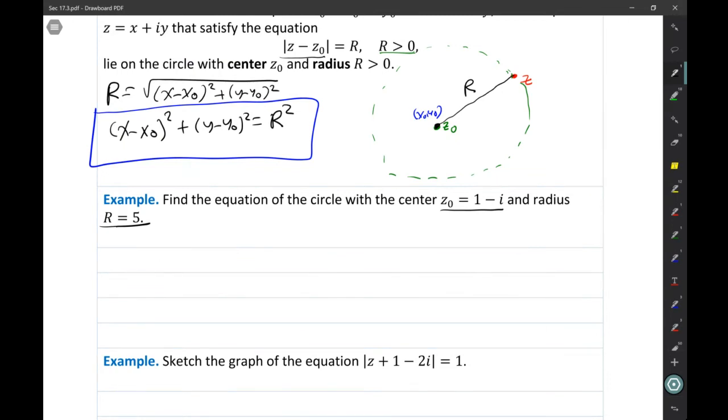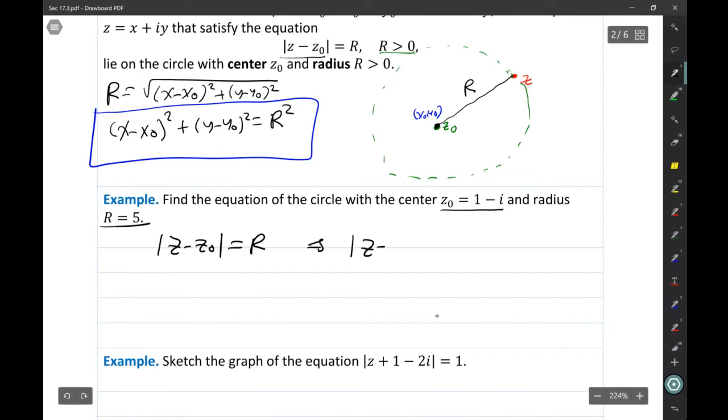The equation of the circle is modulus of z minus z naught equal r, which is modulus of z minus (1 minus i) equal r, which is 5. But this can be written in another form, like this form here.